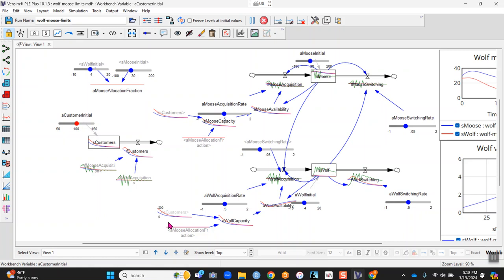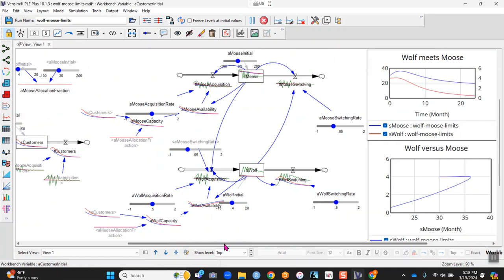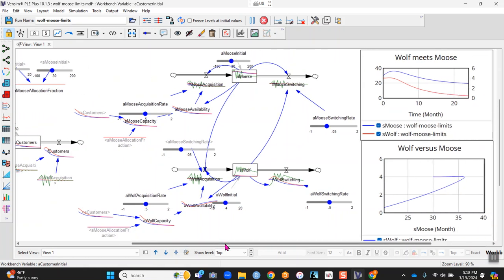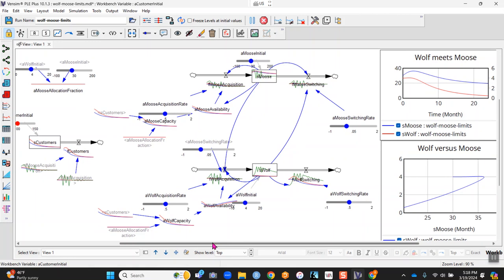Okay, I see all sorts of things moving over here, including our tipping points. So yes, capacity matters. The customer stock matters tremendously. They start flipping. Ooh, that's an interesting flip right there.